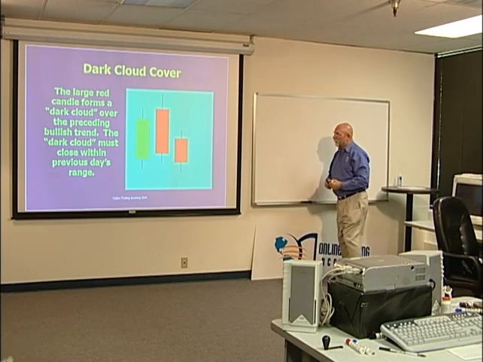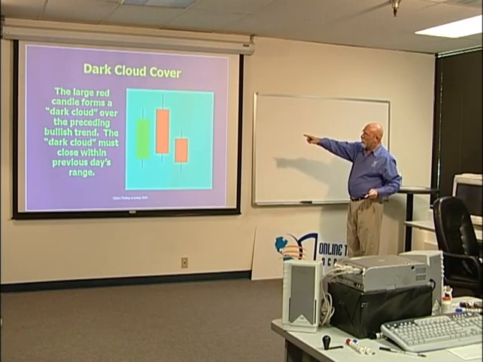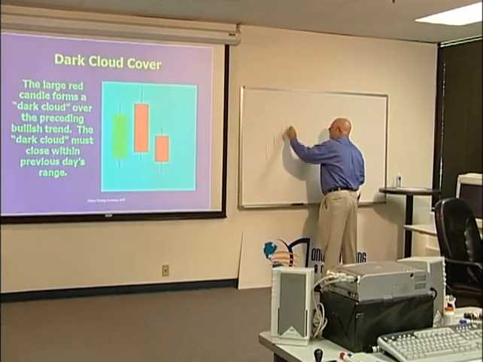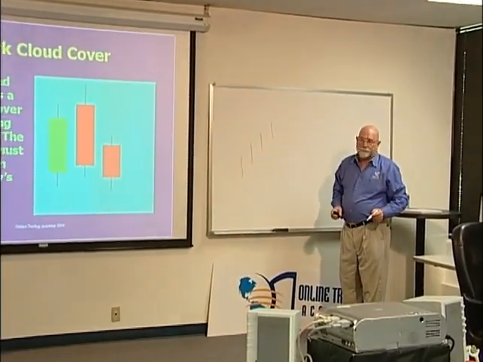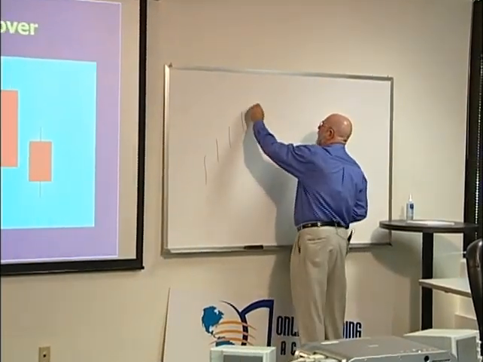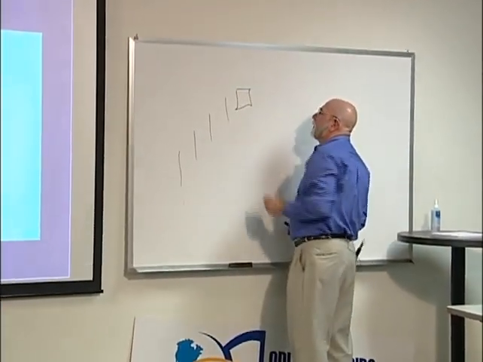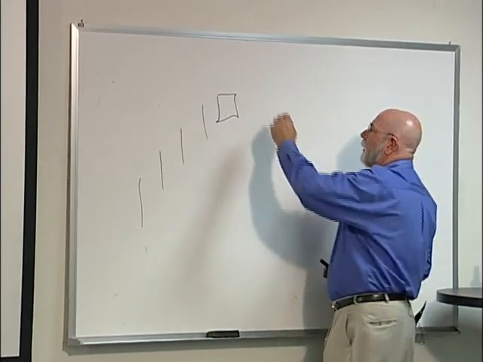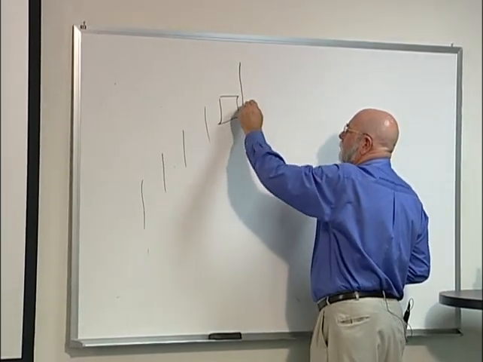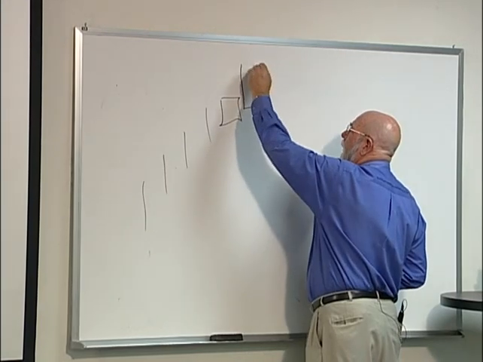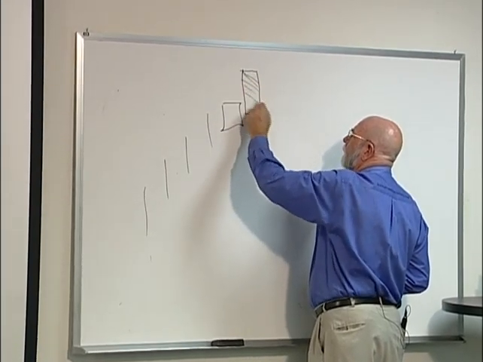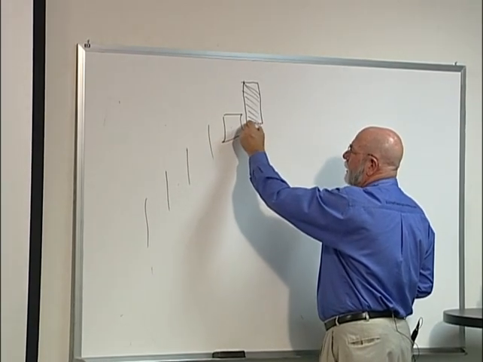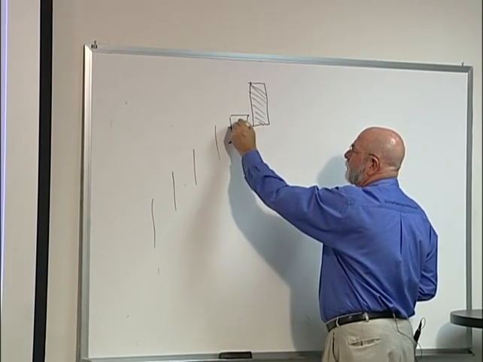First off, it is over a bullish trend, so we must have some sort of an uptrend. We have a candle, and we'll pretend it's green for right now. The dark cloud cover is a red candle that closes within the body by at least 50%.